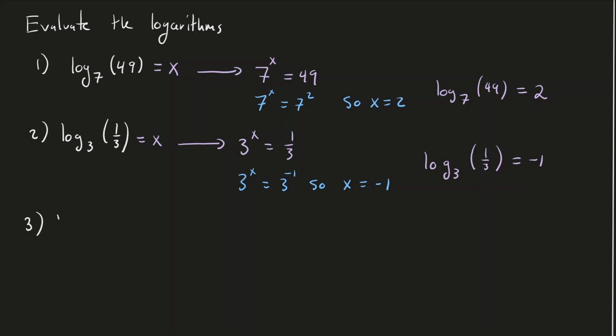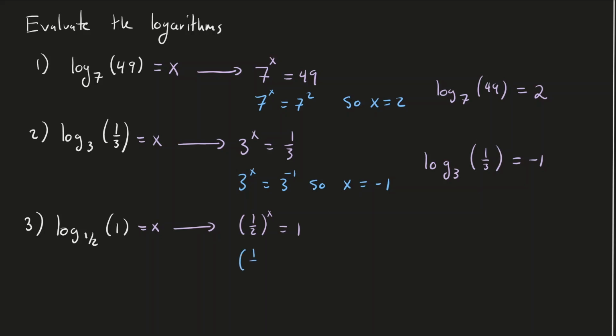Third, log base 1/2 of 1. Now this one looks a bit more complicated, but honestly, if you just view these as exponential equations by setting it equal to x, and then converting it, so this is 1/2 to the x is equal to 1. Now this one looks a little tricky, but the thing is that everyone should recognize that 0 as an exponent to anything always will give us 1.